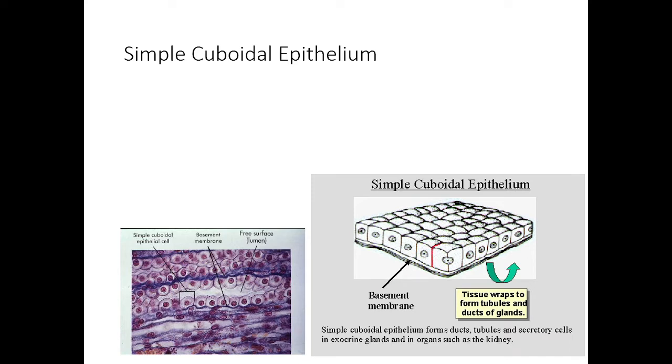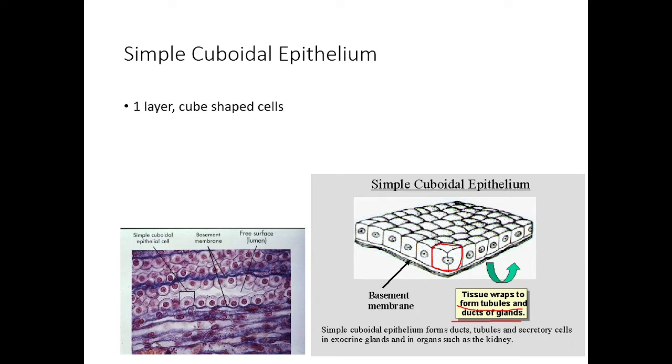So this is the cuboidal shape, right? The tissue wraps to form tubules and ducts of the gland. These sheets can wrap around the tubules, ducts, or cavities of the body, and then they form such a structure.